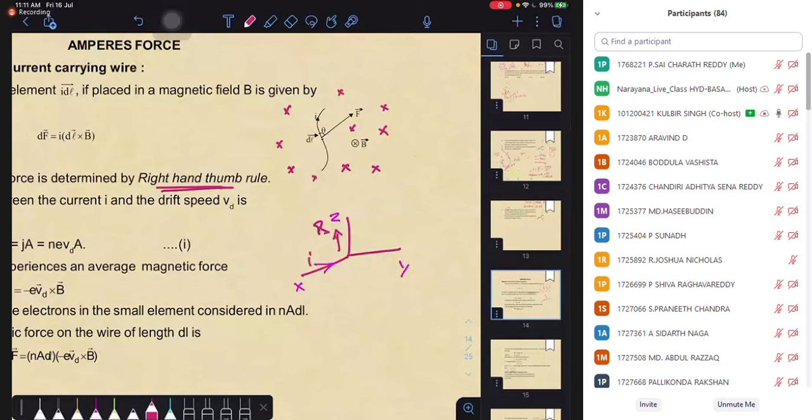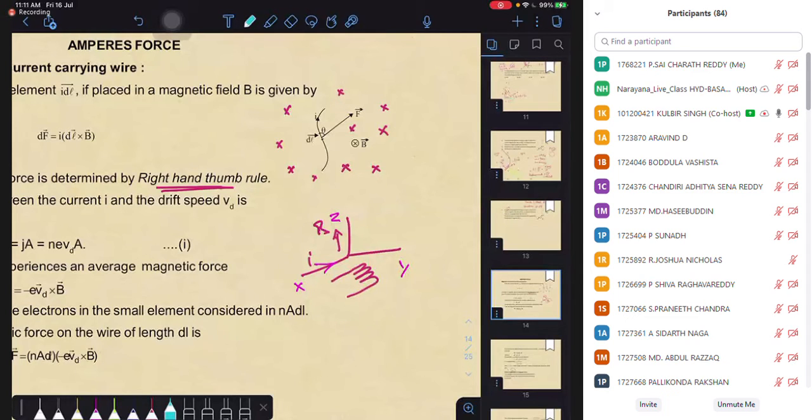In which direction will it experience the force? It's given by the right hand thumb rule. You take the fingers in the direction of the current, and then you rotate the fingers in the direction of z.